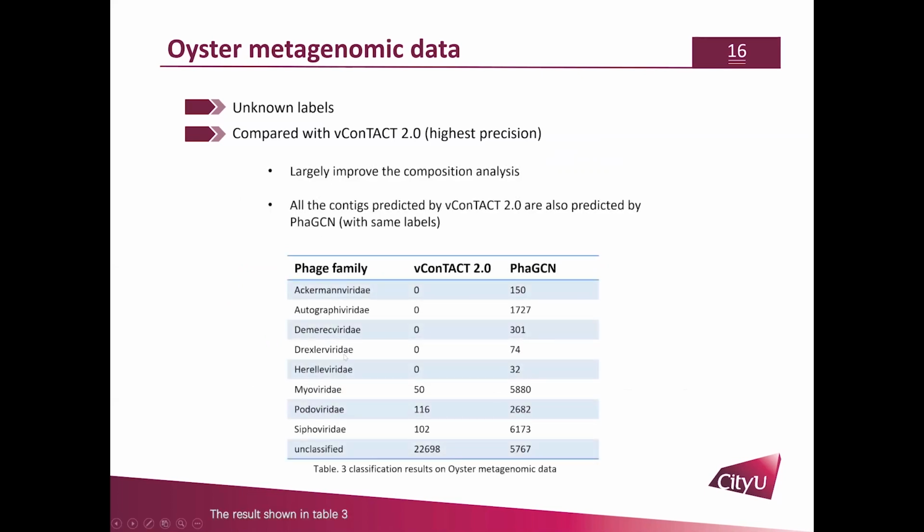The result shown in table 3 reveals that phage GCN can largely improve the composition analysis, and also all the contigs predicted by vContact are predicted by phage GCN with the same labels. Notice that phage GCN achieved higher precision than vContact in the previous experiments. And thus, we think the prediction of phage GCN is reliable.